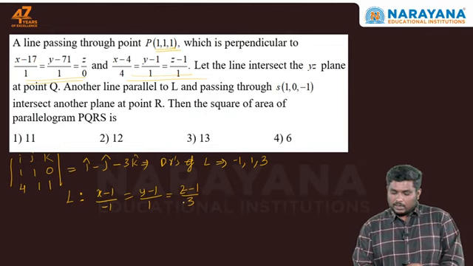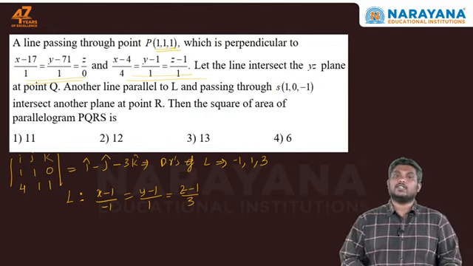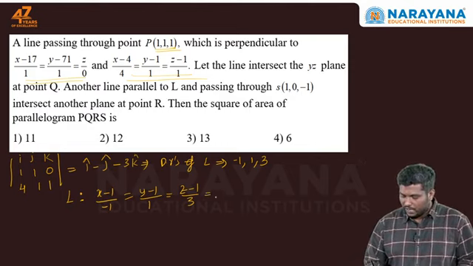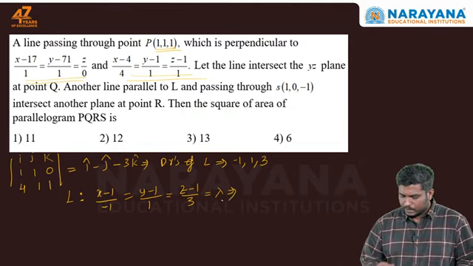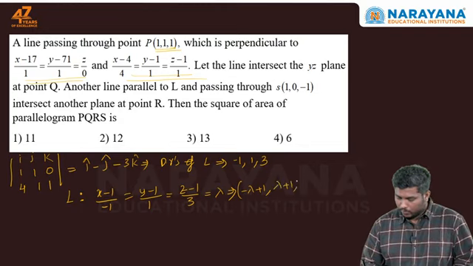Now it is given that this line intersects the yz plane. What is the equation of the yz plane? x is equal to 0. So if I take a general point here, I get minus lambda plus 1, lambda plus 1, 3 lambda plus 1.